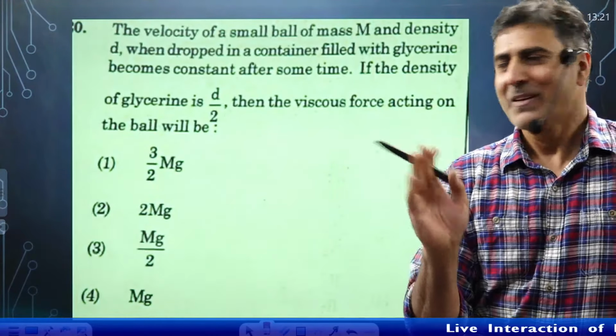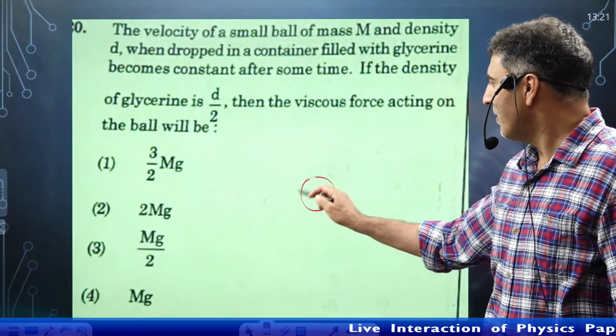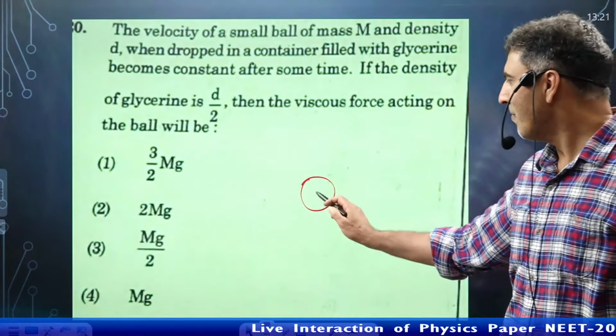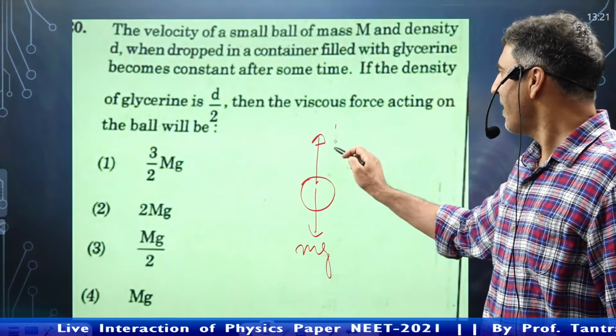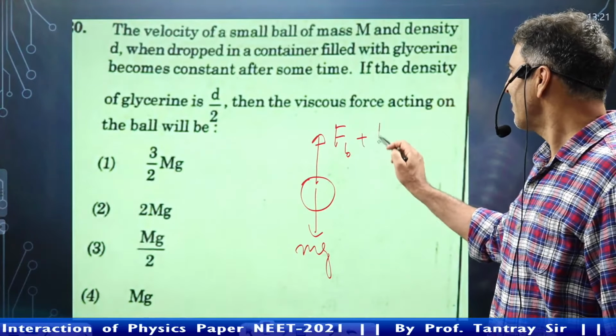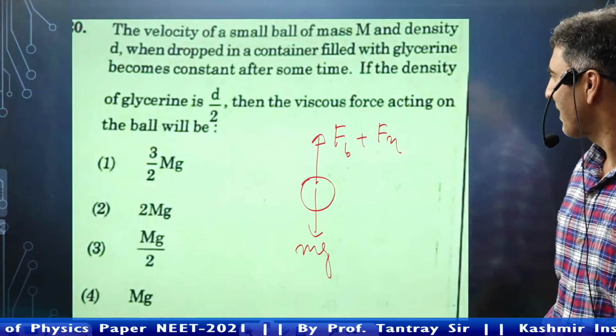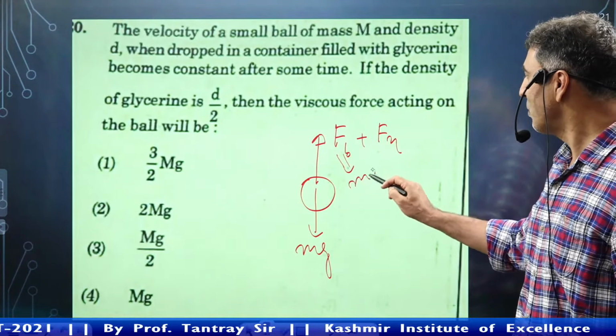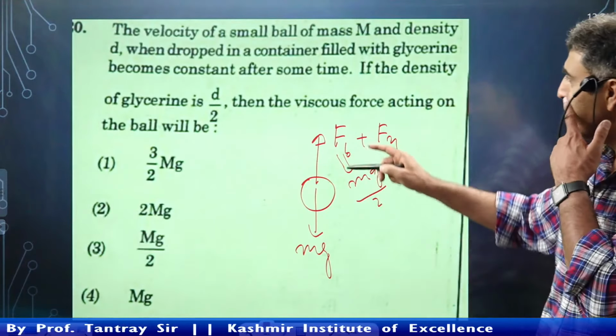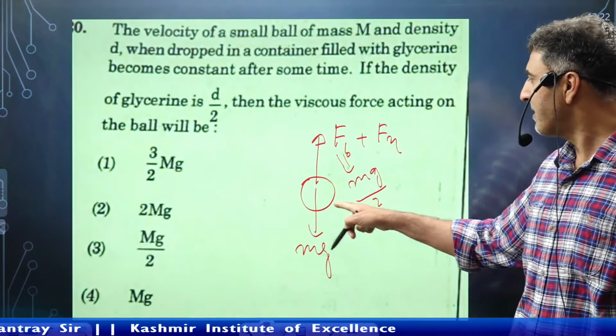So we have to find the forces. Downwards, mg. Upwards, buoyancy force plus viscous force. So these two must be equal. But buoyancy force is mg by 2, and I will tell you how, because he says the density is half the density of the ball.